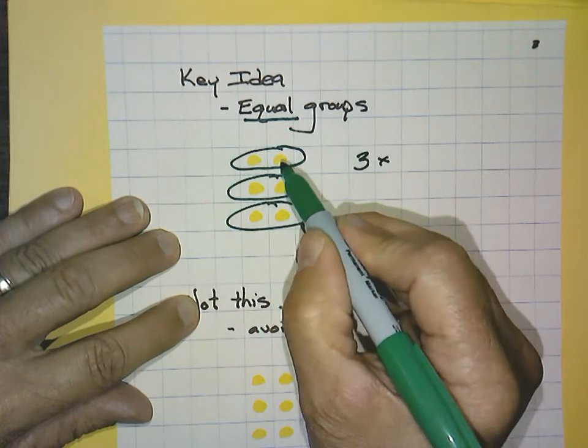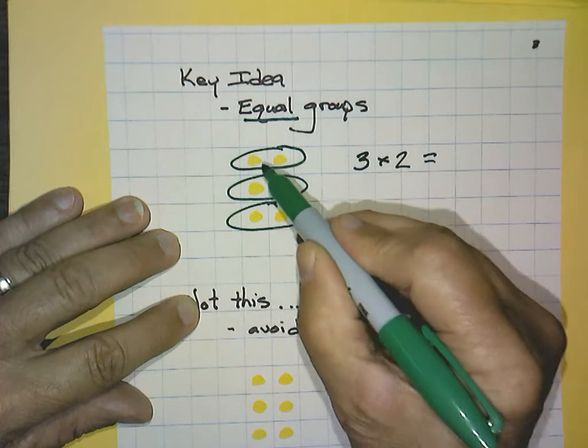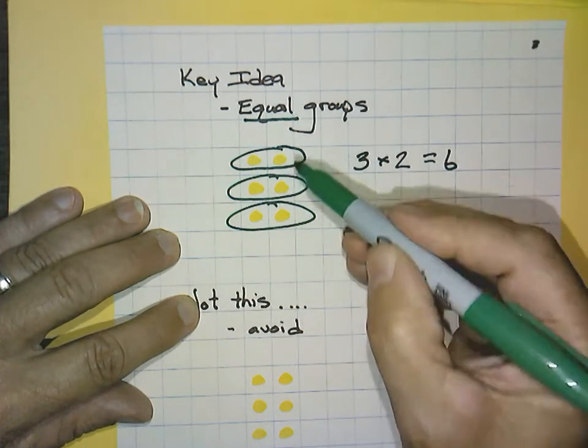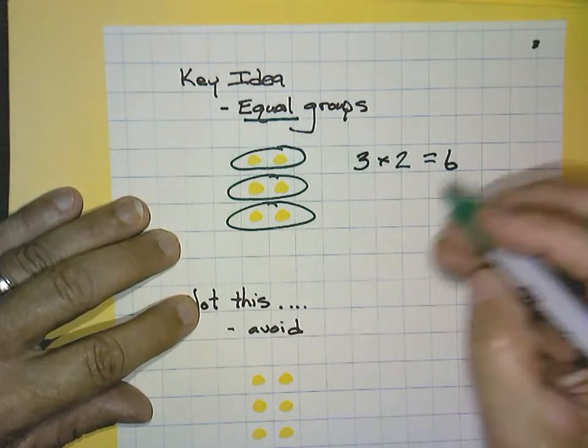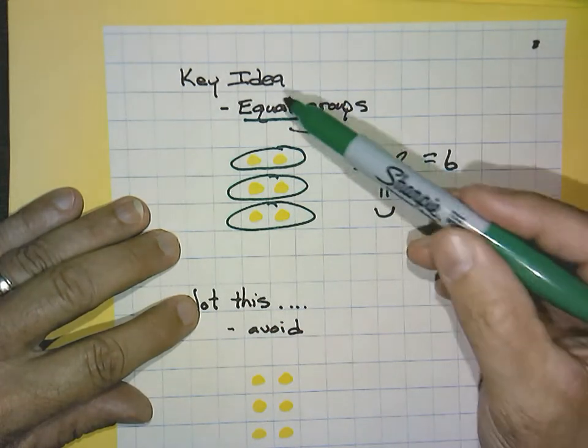Each group has 2. 1, 2, 1, 2, 1, 2. So 3 times 2, and it's going to be 6. 1, 2, 3, 4, 5, 6. You could also count by 2s, 2, 4, 6. But again, it's equal. So this would be an example of multiplication. Why? Because we're using equal groups.